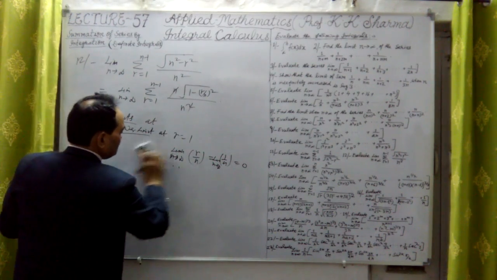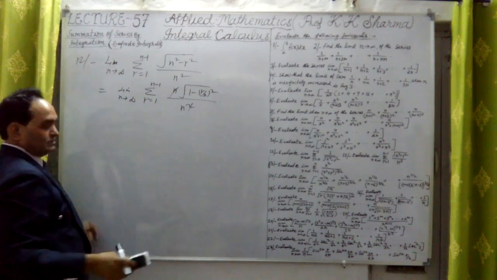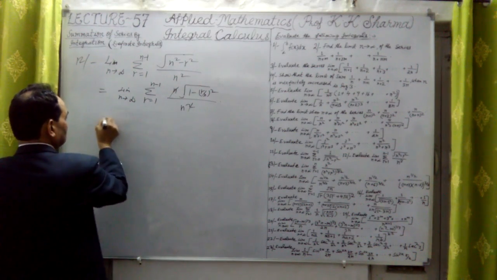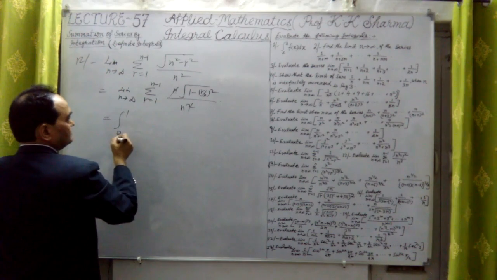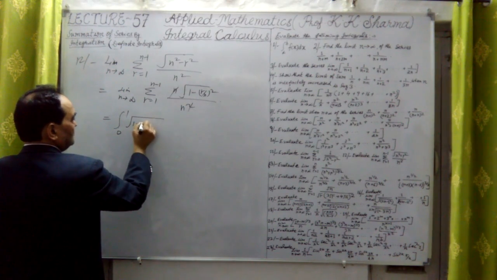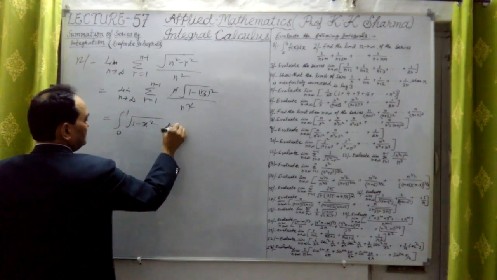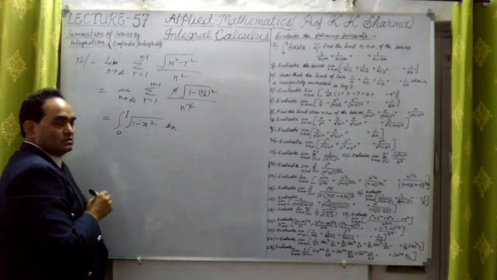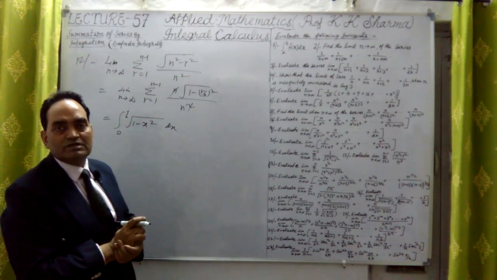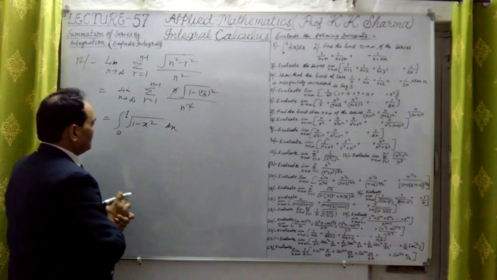Let me convert this now into a definite integral. Finally, what do we get? From 0 to 1, it is under root 1 minus x square into dx. What is the integration of this? This we have dealt with previously. So what is the answer of this?